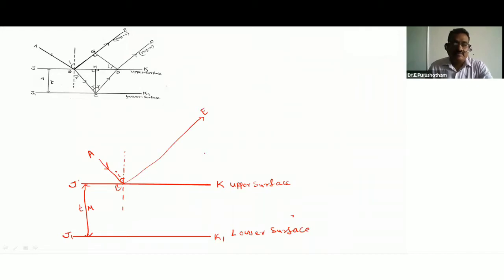The remaining portion of light is transmitted and incident on the lower surface. It is also reflected and emerges out as F. So it is incident on D.